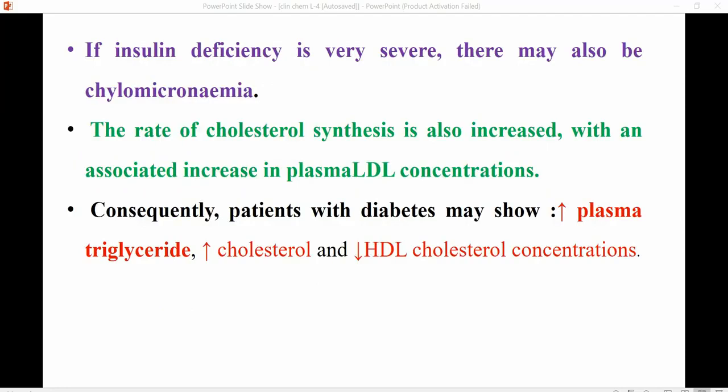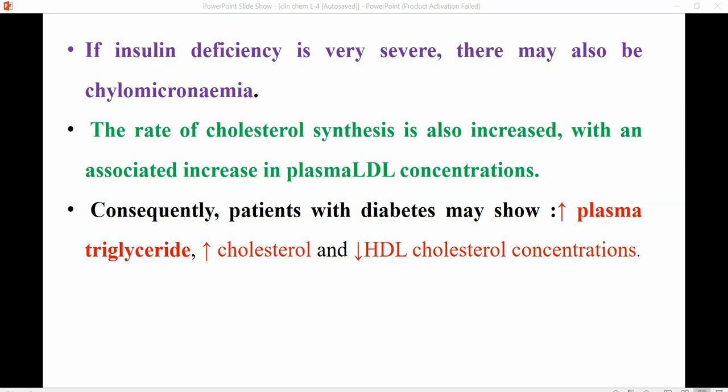In cases where insulin deficiency is very severe, in addition to increased VLDL levels, there would also be increased chylomicron levels. The rate of cholesterol synthesis would also be increased, resulting in an increase in LDL level in plasma.